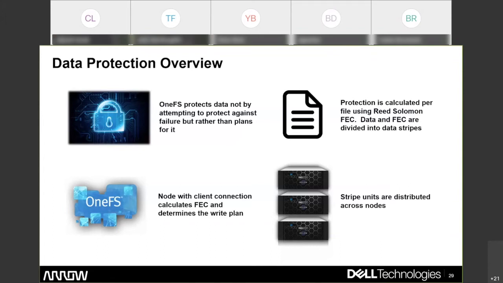And then moving back up to the top on the right, stripes, including up to 16 8K data blocks and up to 4 8K FEC blocks, are written across as many drives as possible, across as many nodes as possible, as determined by the right plan designed by the block allocation manager on the node that the client connected to. Currently, OneFS is designed to withstand up to 4 simultaneous component failures without a performance hit, and without any dependency on any hardware RAID controllers.